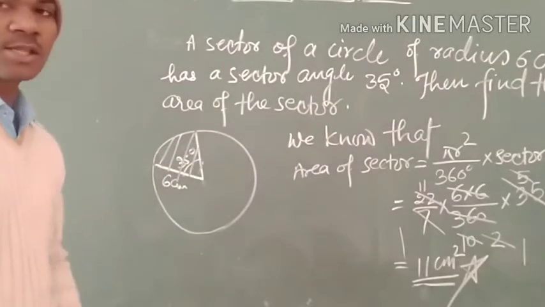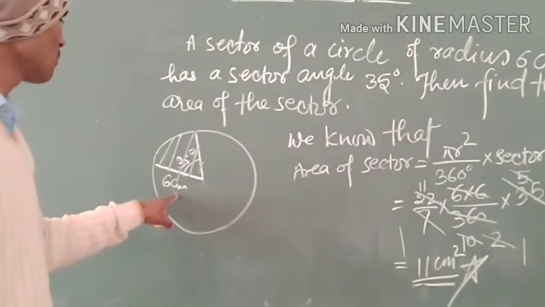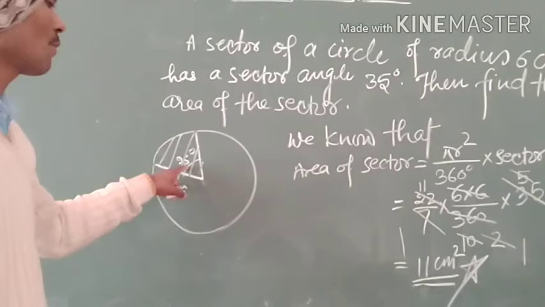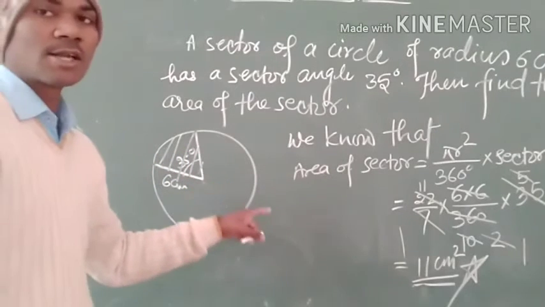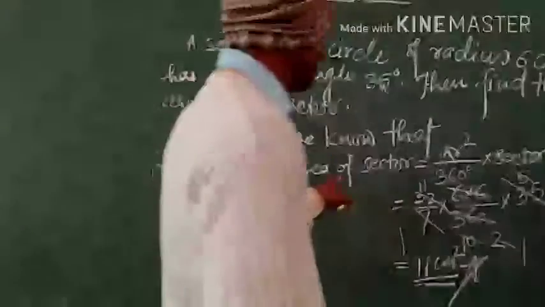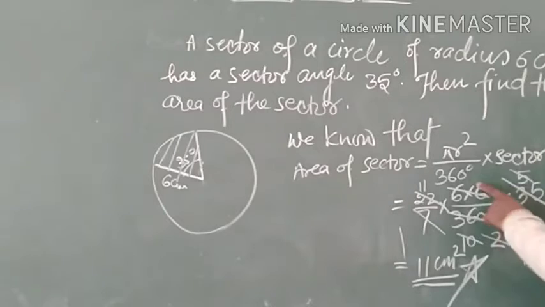As you can see in the figure, the radius is 6 centimeter and the sector angle is 35 degree. We have to find the area of the shaded region. We know that the area of sector is equal to pi r square upon 360 multiplied by sector angle. Now just put the values and solve, you will get your result.